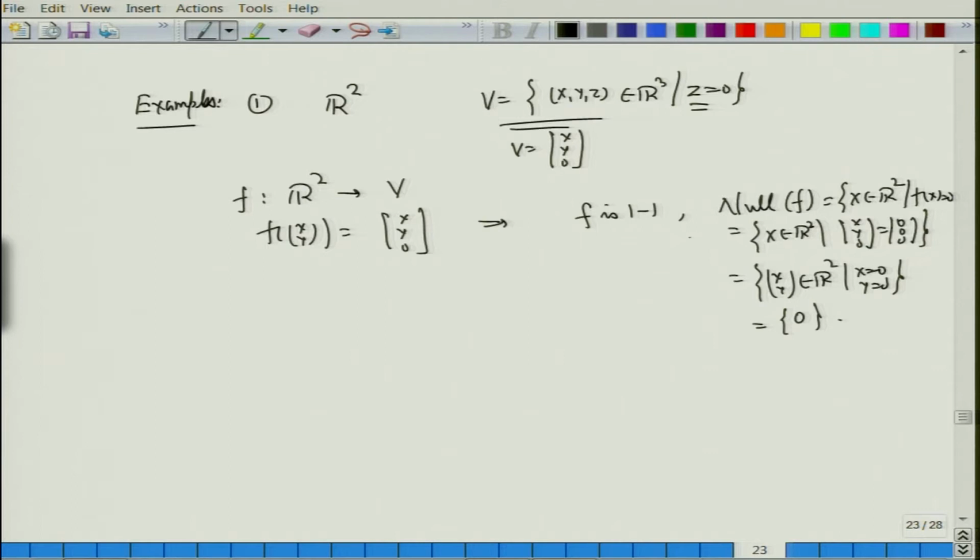Is that okay? So the null space is 0, therefore the map is 1-1. So f is 1-1.